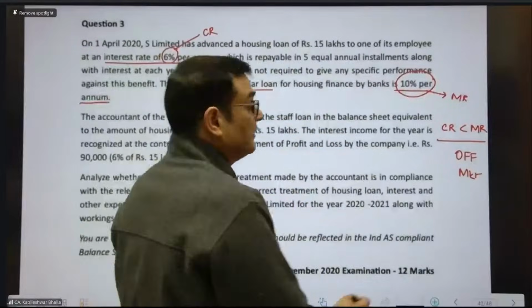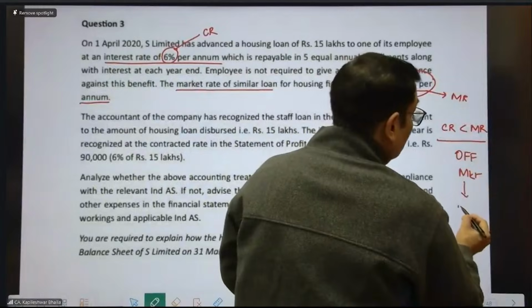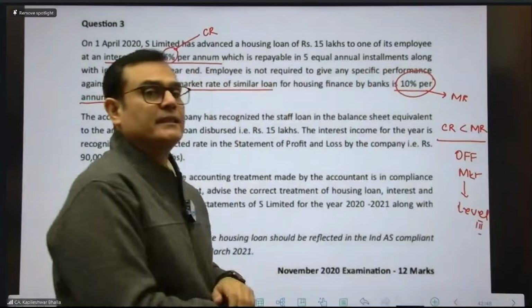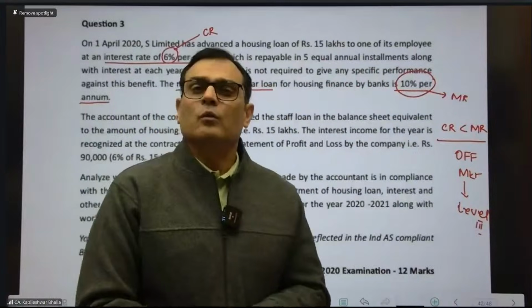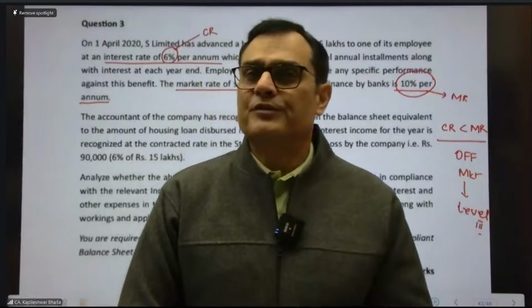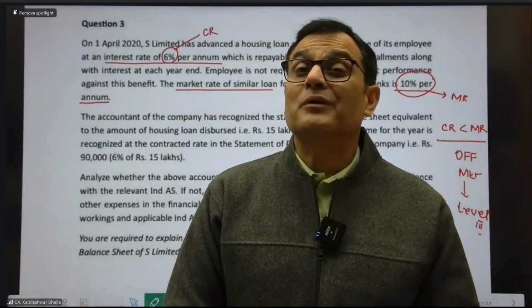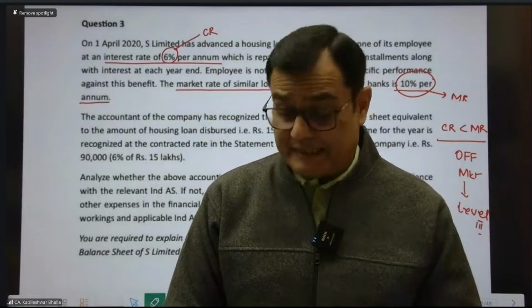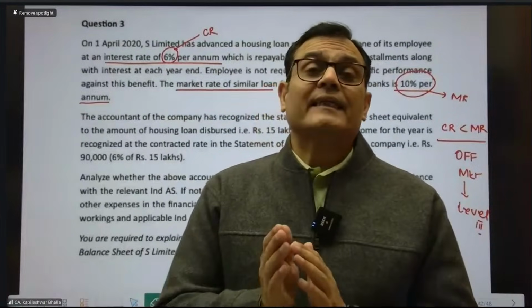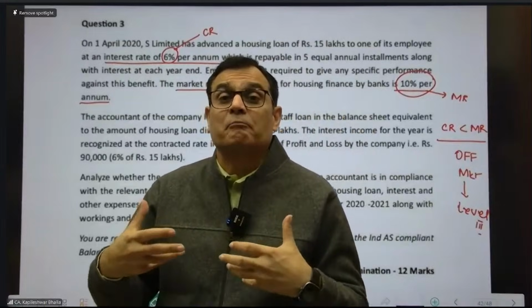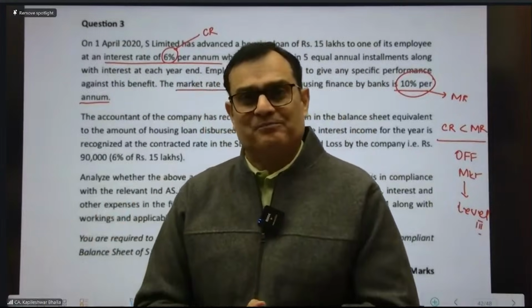And if it is based on level 3 data, where do we take the difference? The difference is going to be taken as a prepaid staff expense. You can indirectly say it is a perquisite which an employer has given to the employee.